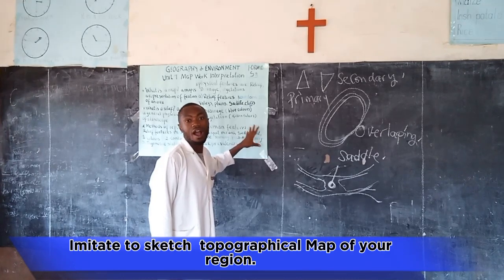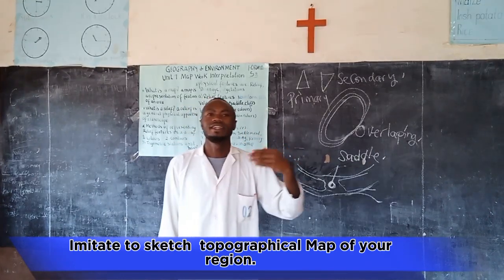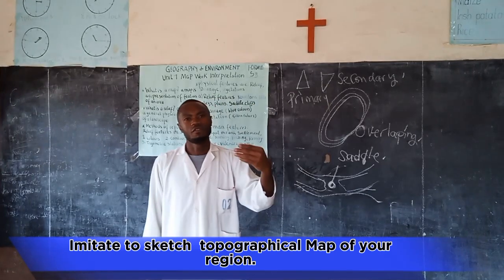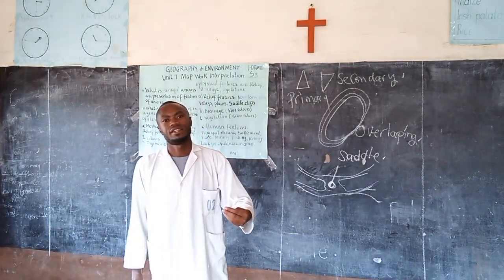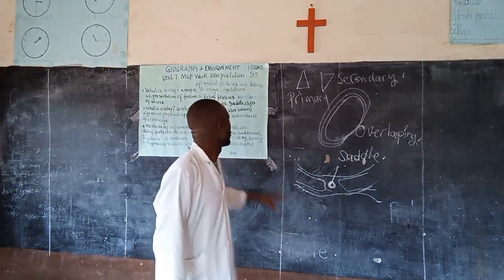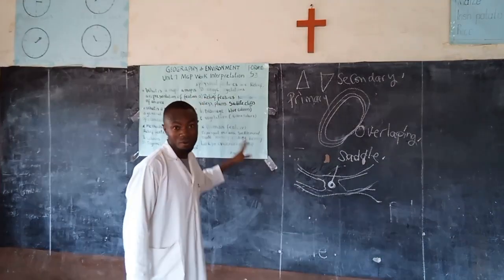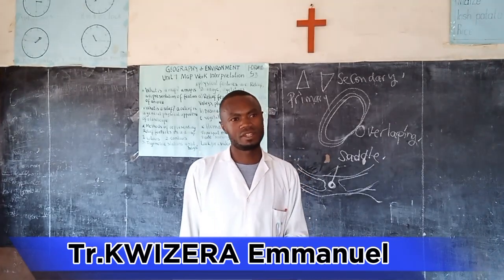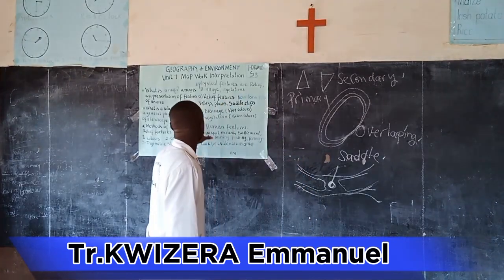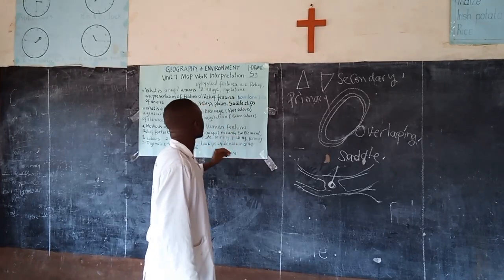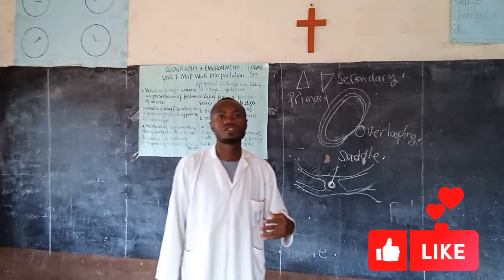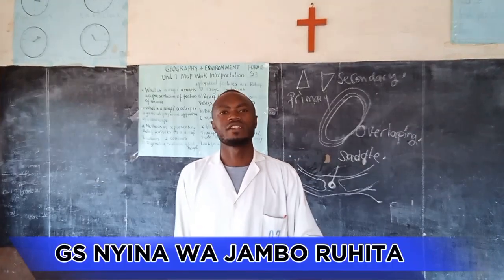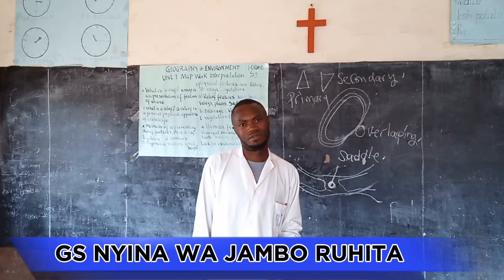I told you how to interpret the topographical map showing features. I can remind you, we have been talking about map interpretation, how we can interpret the maps, in our series. I showed you physical features. How do we know the physical features of a map? How do we describe the physical features on a map?